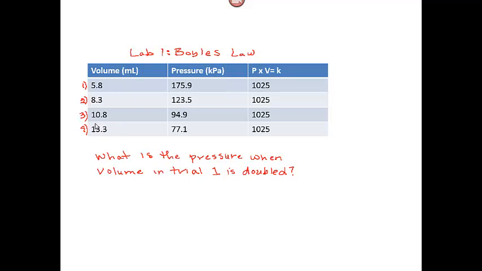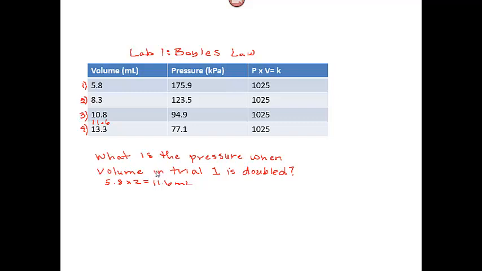So 11.6 would go in here somewhere. That would be 5.8 times 2. Let's do that. 5.8 times 2 equals 11.6 milliliters. So we want to find out what is the pressure at this volume.